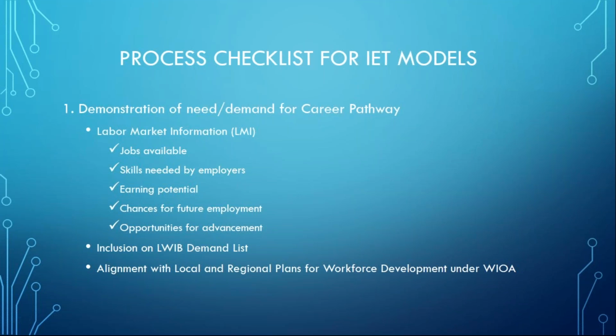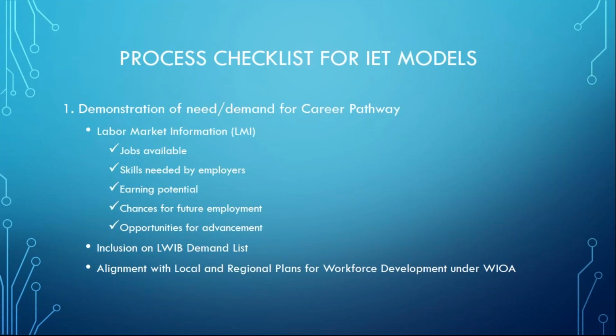So we went with the CNA process, and then we also did one with a manufacturing path. Again, working with our WIB, our WIOA, and local workforce development boards like Vermilion Advantage, we were able to determine a high need for manufacturing positions. So that's how we determined the two paths.